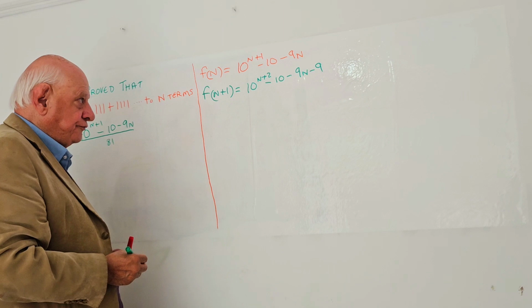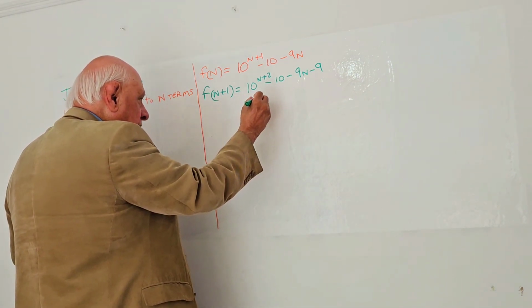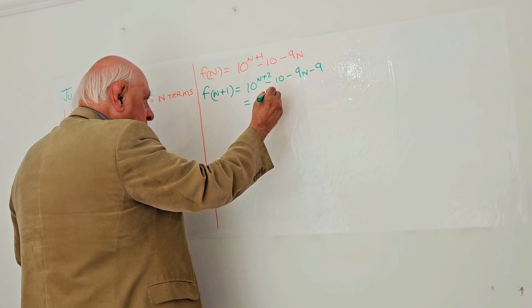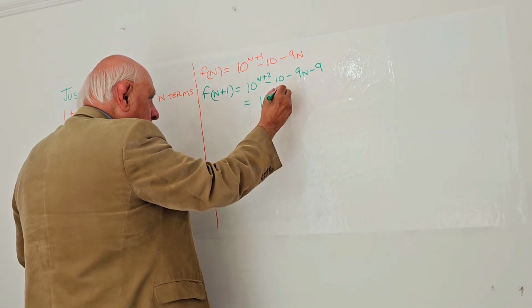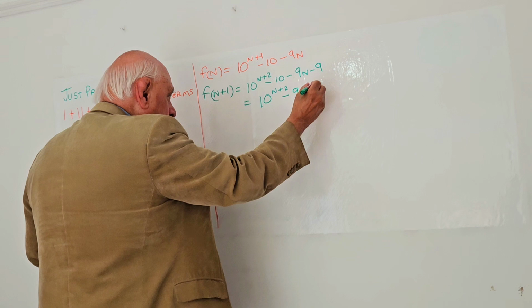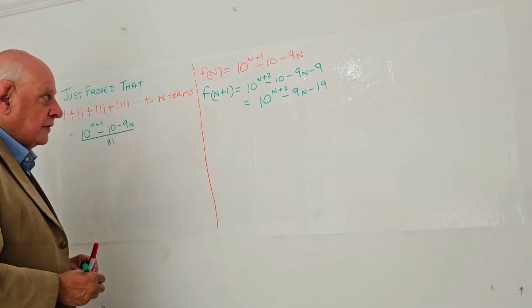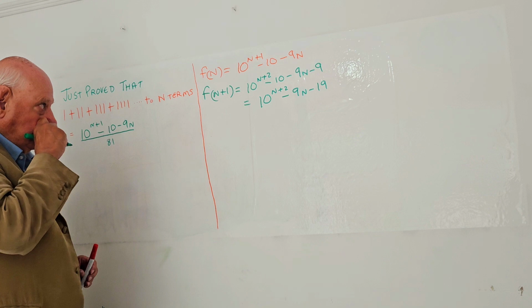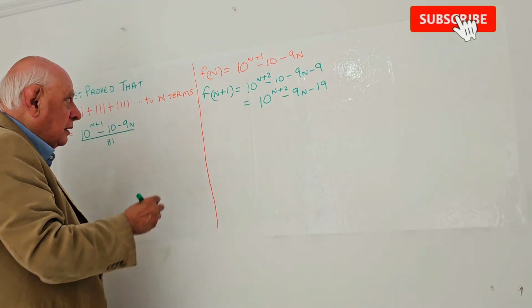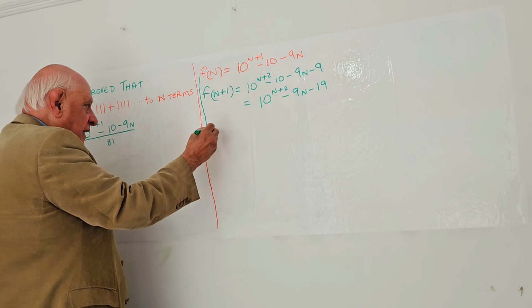All right? Which, if you wanted to simplify it, is 10 to the n plus 2 minus 9n minus 19. All right? Okay. Now then, let us multiply this expression here by 10.